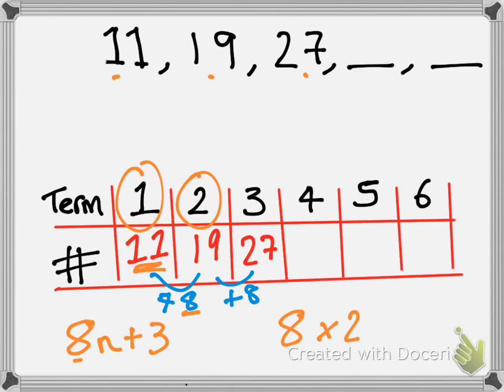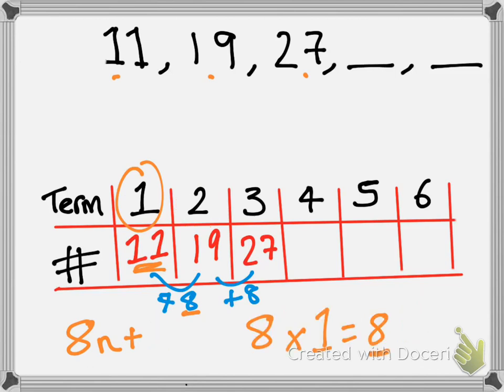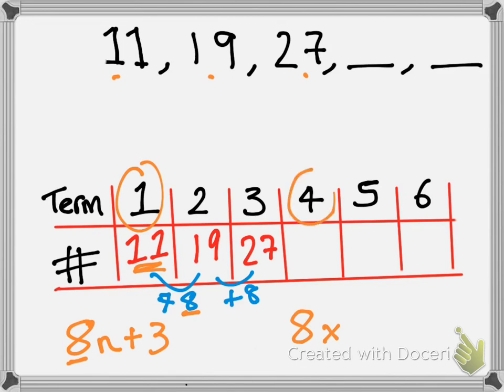So now I've found out that my formula works, can I work out the missing 4th, 5th, and 6th terms? If I take 8 and multiply by the term 4 here, 8 times 4 is 32, and then add 3 to this number, and that would be 35.